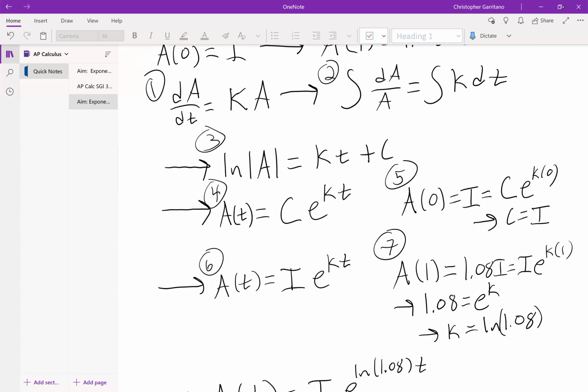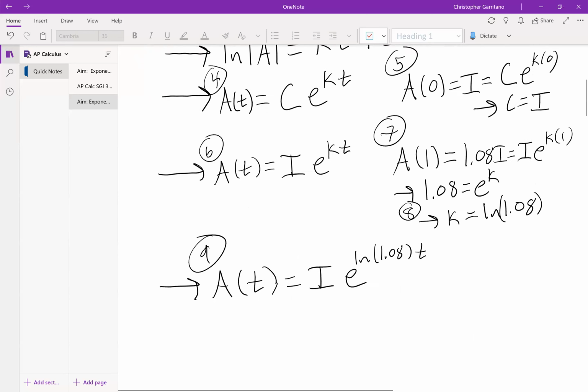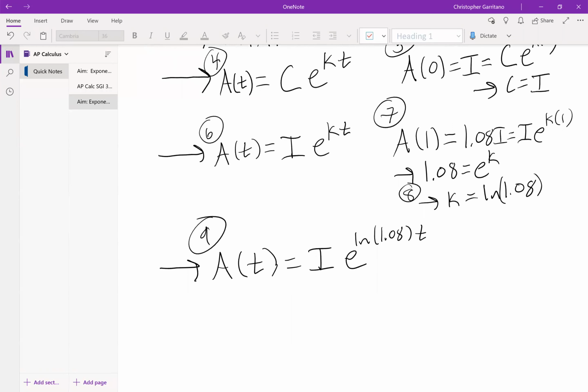And this tells me that k is equal to ln of 1.08. And finally, we have our particular solution.